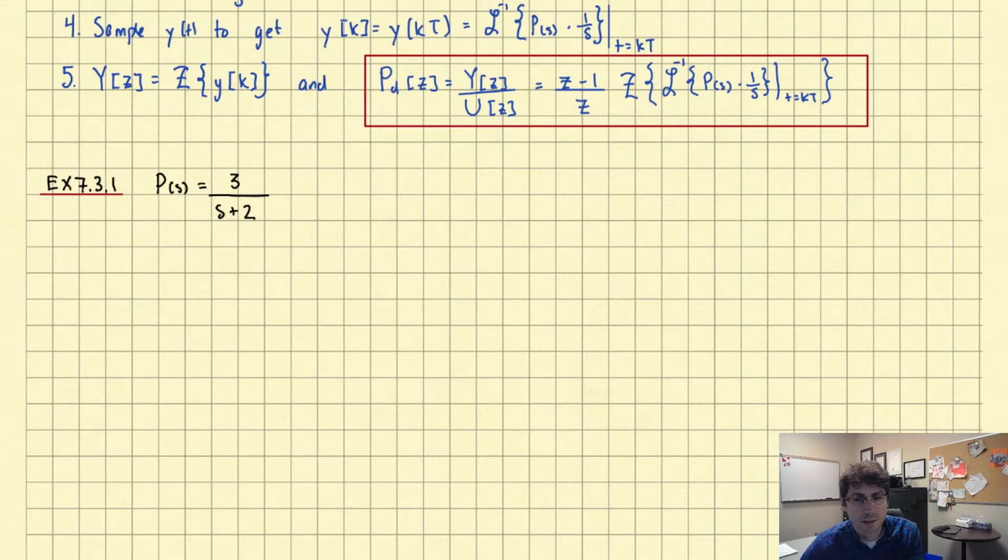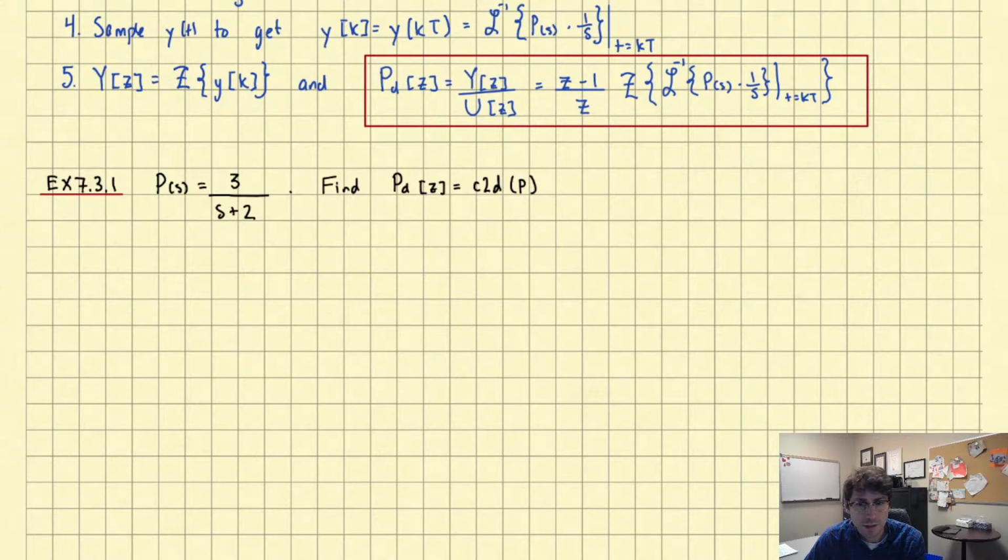And this was the system from example 7.2.3, which we did last class. So same continuous time system, we're just going to do it in the transform approach. Okay, so we want to find C to D, right, the step invariant transform of that plant.